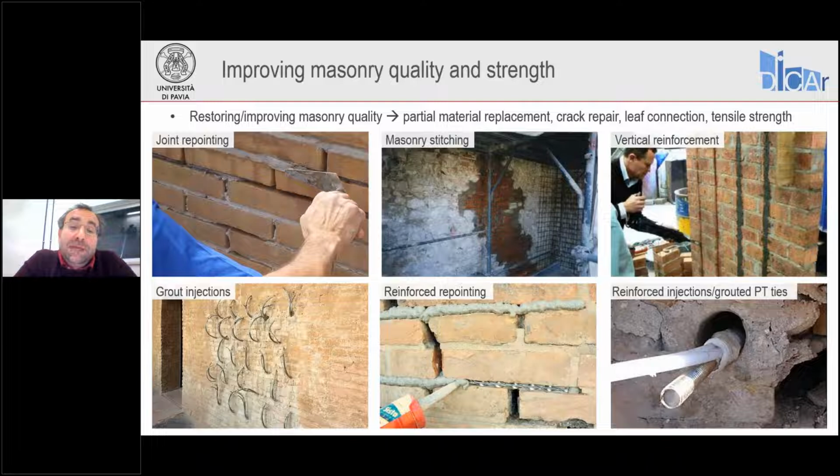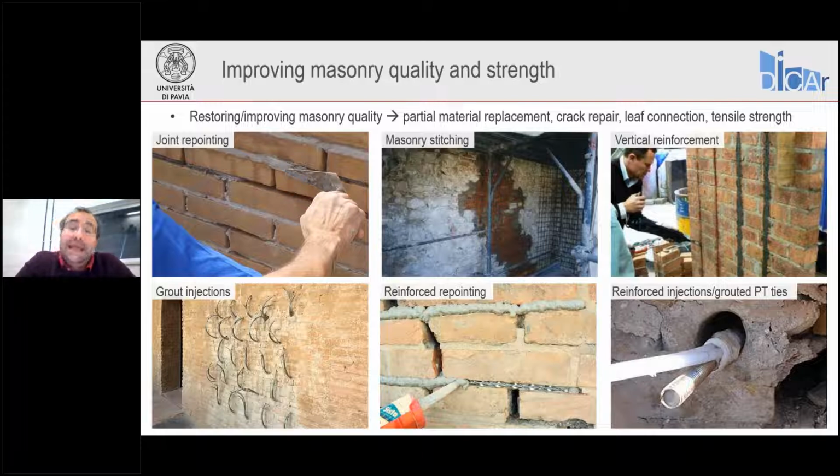Or another solution might be to adopt a reinforced repointing method, where the joint repointing is associated with the insertion of steel bars, helicoidal bars, materials that can resist tension and that can bridge the existing crack.